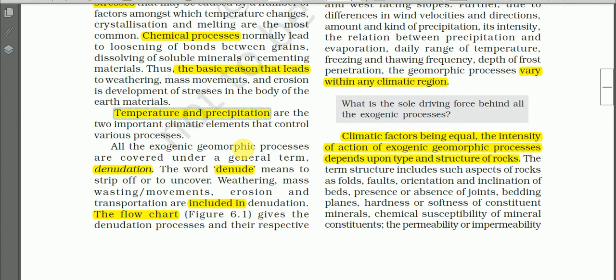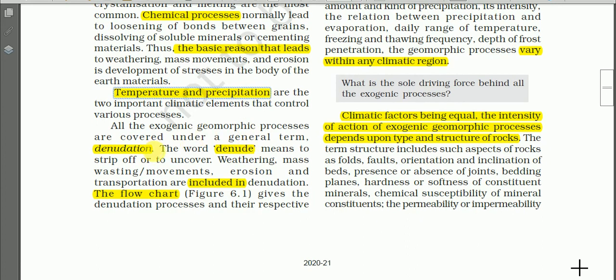Once there is formation of low pressure, there may be rainfall and running of the water. So in this way, the actions of the exogenic processes are started on the Earth's surface.